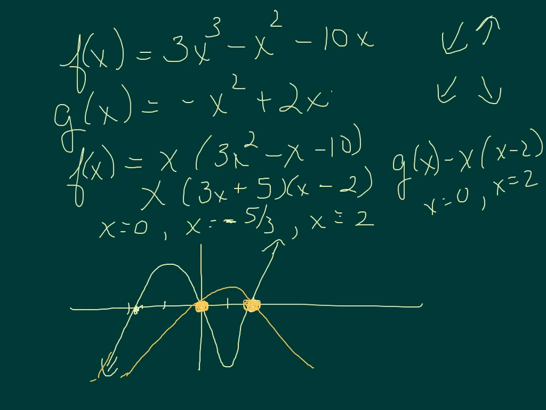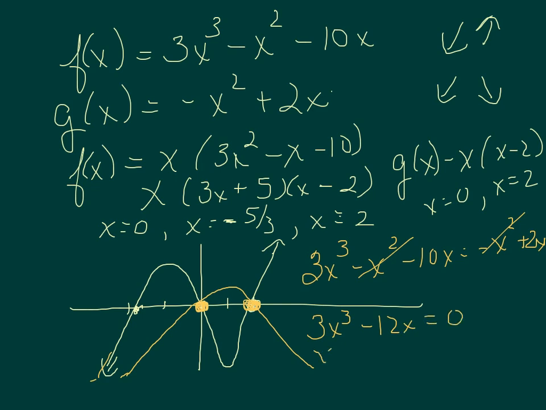Set them equal to each other. So 3x cubed minus x squared minus 10x equals negative x squared plus 2x. Well, those cancel. And we'll have 3x cubed minus 12x.